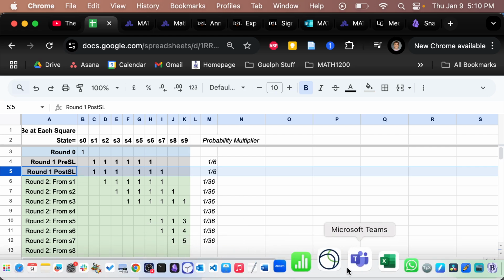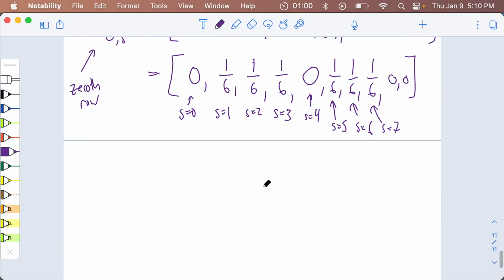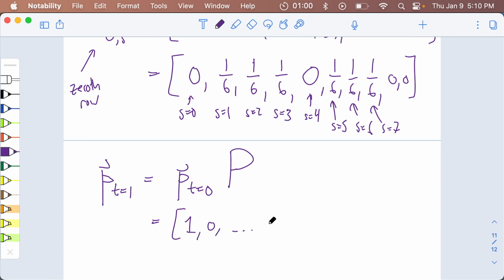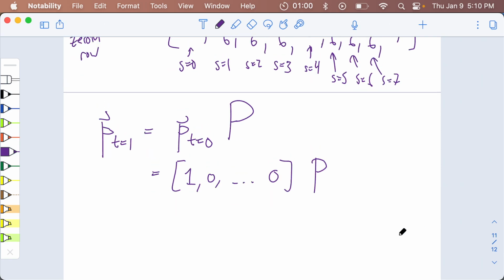What we were actually doing is we figured out that p at time t equals 1 was p at time t equals 0 times the matrix big P. And p at time t equals 0 is the vector 1, 0, 0, 0, 0, times the matrix P. When you do matrix multiplication with a vector that is a 1 and all zeros, that will pull out the 0th row of the matrix.